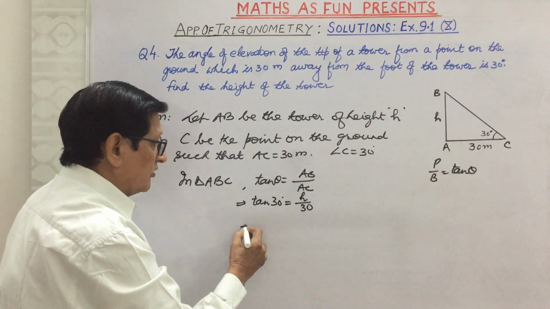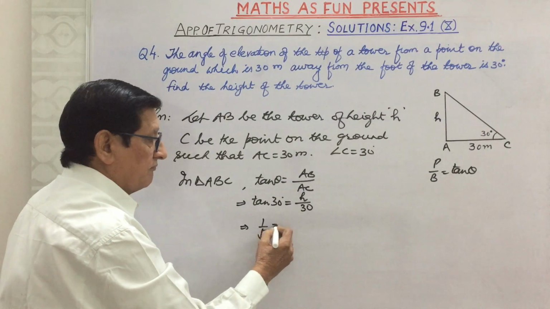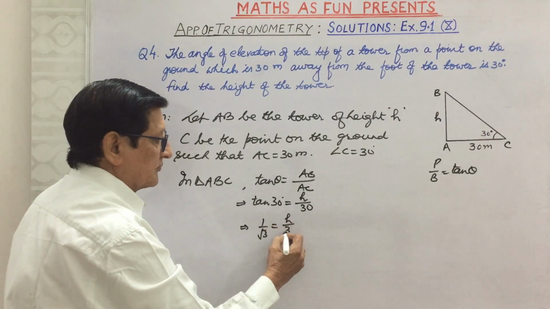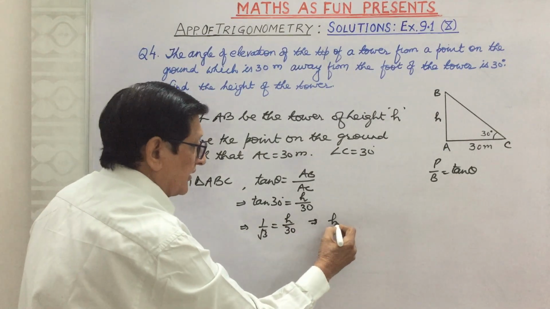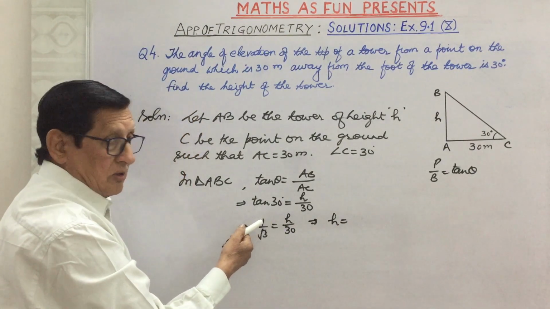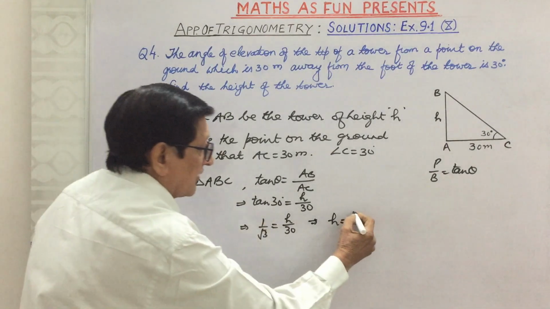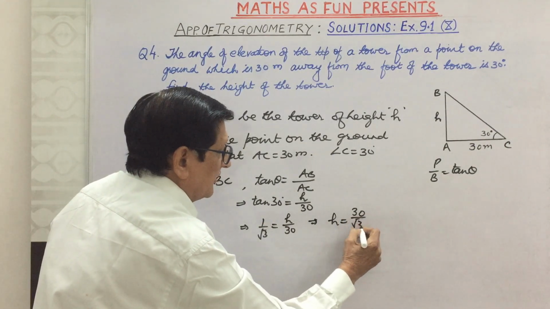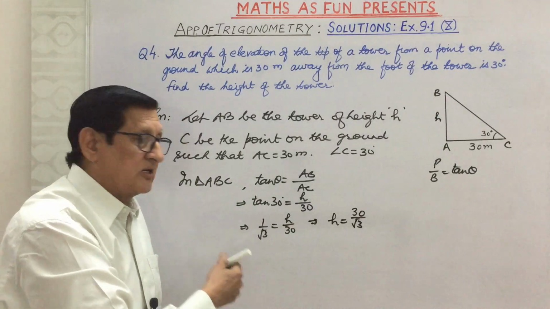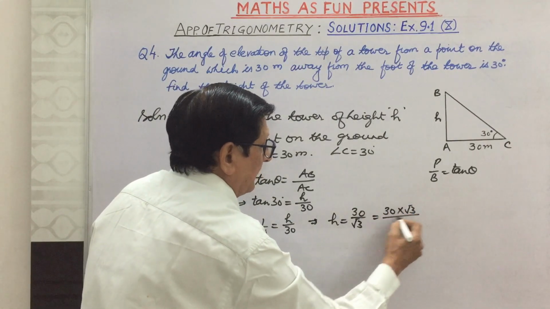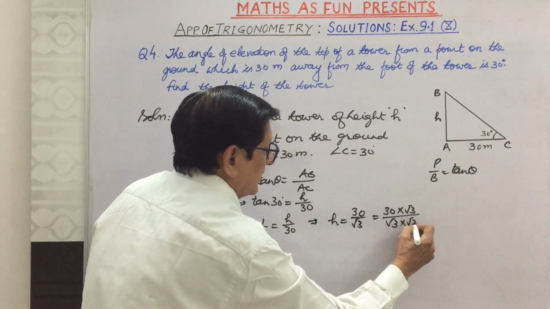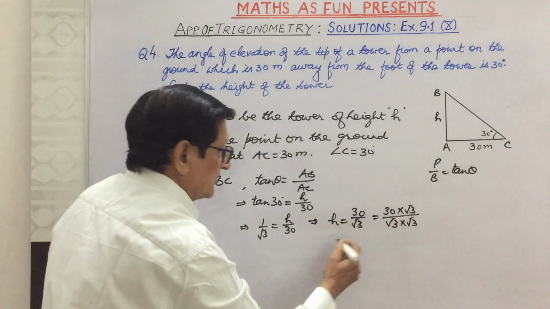And we know the value of tan 30 is 1 by root 3, which is equal to H upon 30 here. If we cross multiply, we are getting H is equal to, transposing 30 here, 30 upon root 3. Using the rationalization, we get 30 into root 3 upon root 3 into root 3. Root 3 into root 3 is 3.